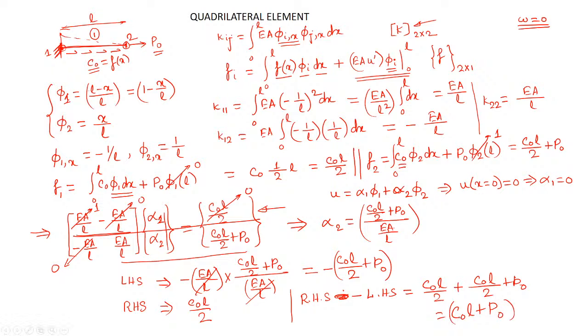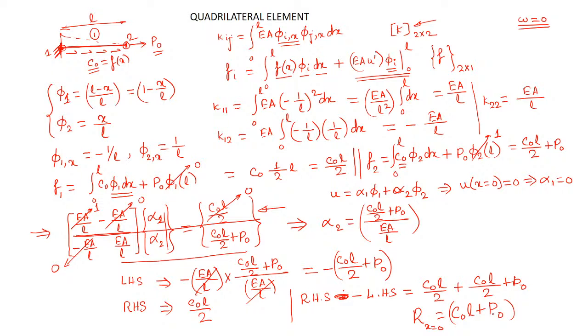And what is this? If you look at this, this is basically the total force that is acting on the bar on the right hand side. So this is basically the reaction at x equal to 0. This reaction force is keeping the bar at equilibrium, and you can calculate it by taking the right hand side minus left hand side, corresponding to the equations that we have already modified in order to implement the Dirichlet boundary condition.